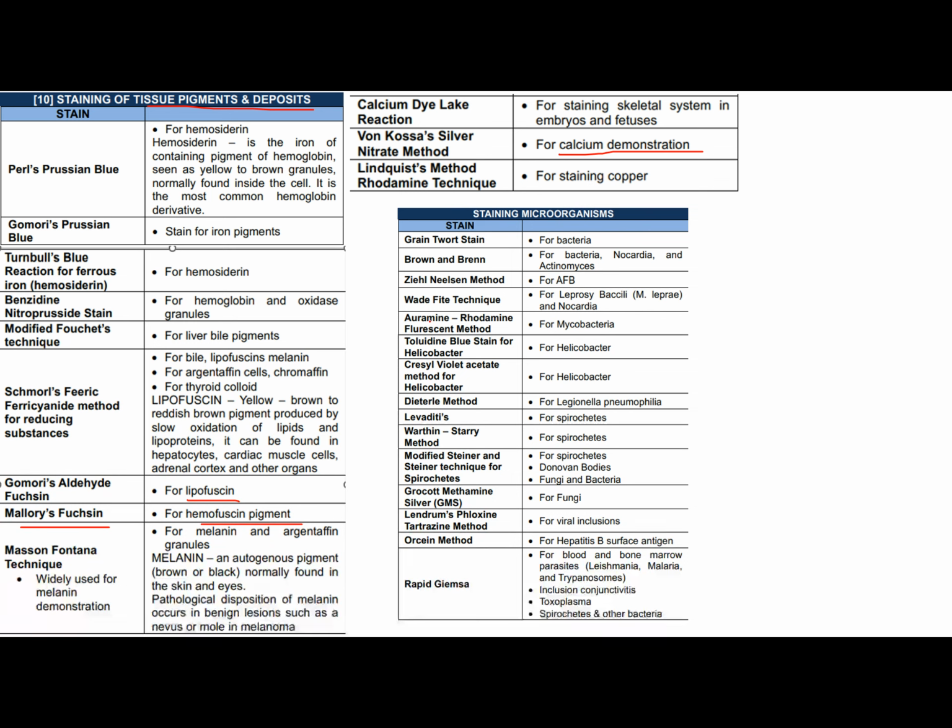A common example here is the auramine rhodamine fluorescent method used for mycobacteria, the Dieterle method used for Legionella pneumophila, and Grocott methenamine silver for fungi. So kindly memorize all of these special stains. They will come out in your quiz and exam.